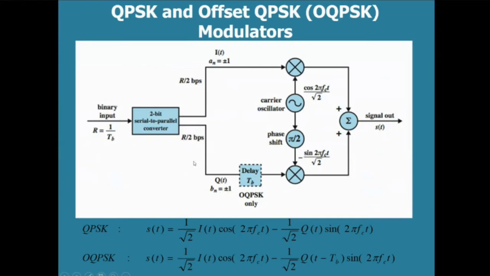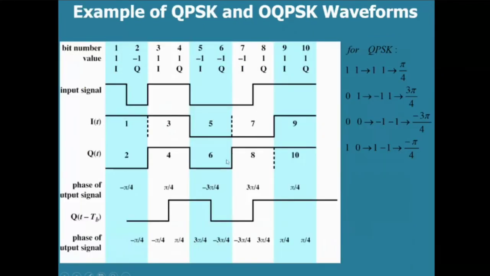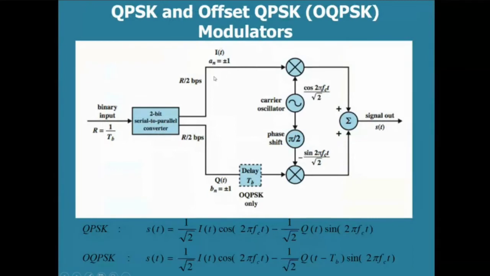R by 2 is for the 2-bit serial to parallel converter, which acts as a demultiplexer, otherwise known as a bit splitter, which divides the sequence into odd bits and even bits. The in-phase component and quadrature phase component are plus or minus 1.